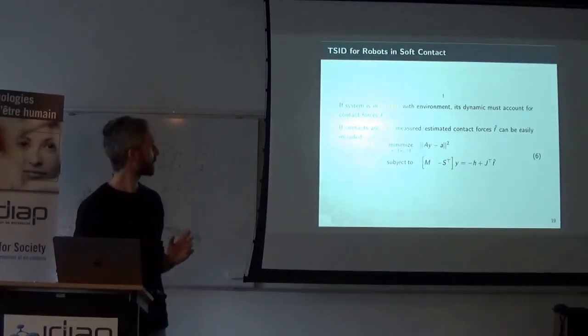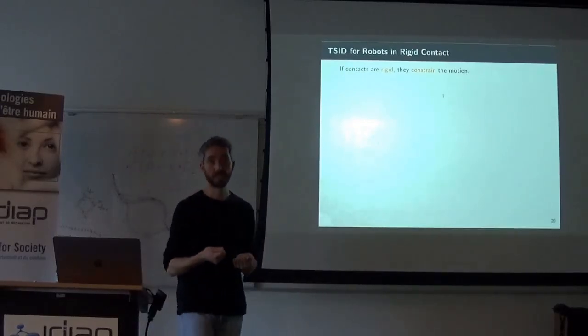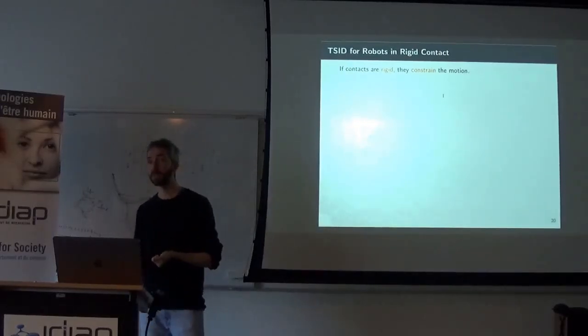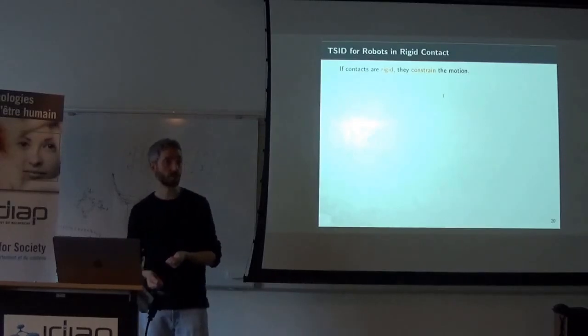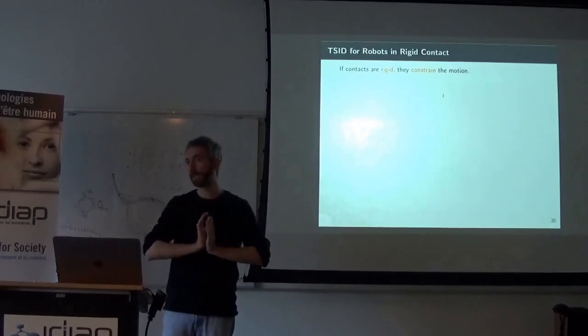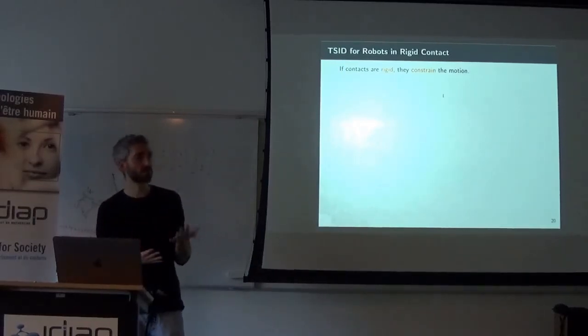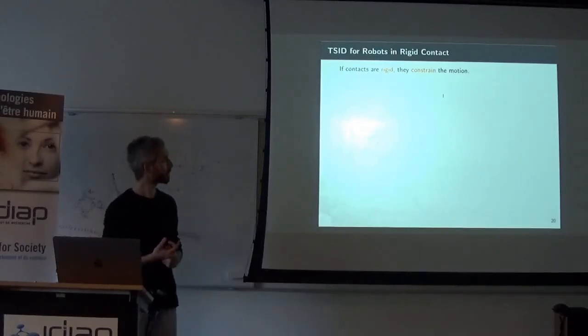We will see that instead, in the case where the contacts are rigid, which is the case we are really interested in, because typically the interaction between the feet of the robot and the ground is modeled as rigid. Of course, it's not perfectly rigid, but that's a reasonable approximation.